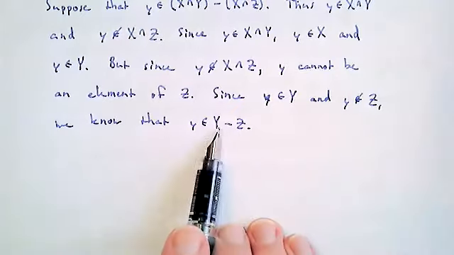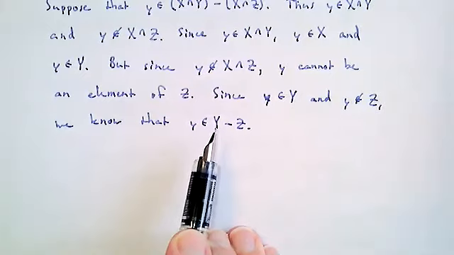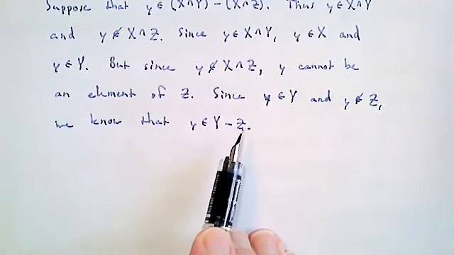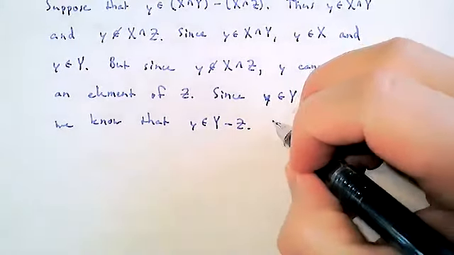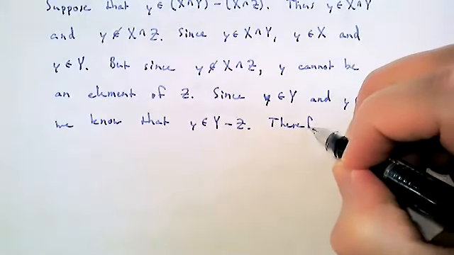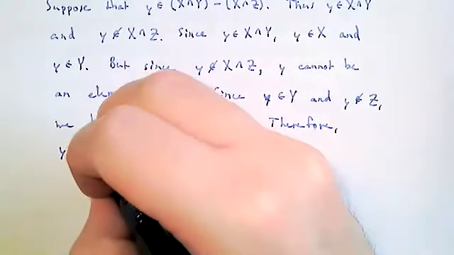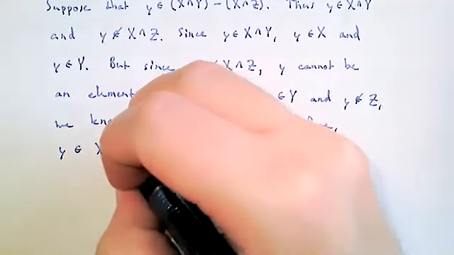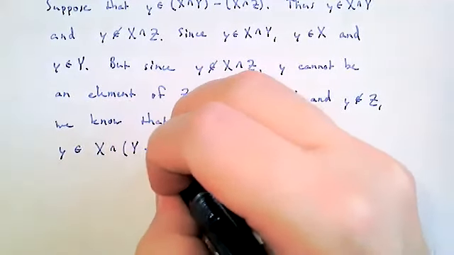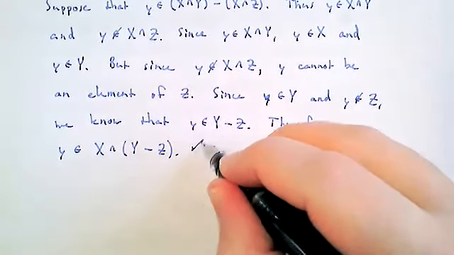Like this. So we have two facts that we can put together. y is an element of X. y is an element of set Y minus Z. So it must be in the intersection of X and the set Y minus Z. And now we're done.